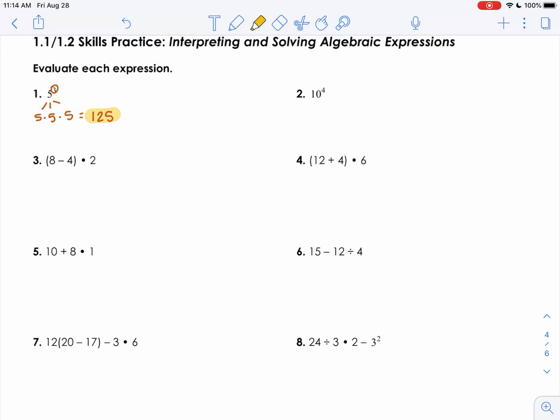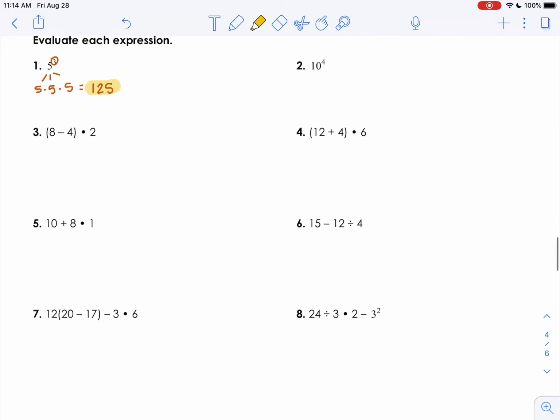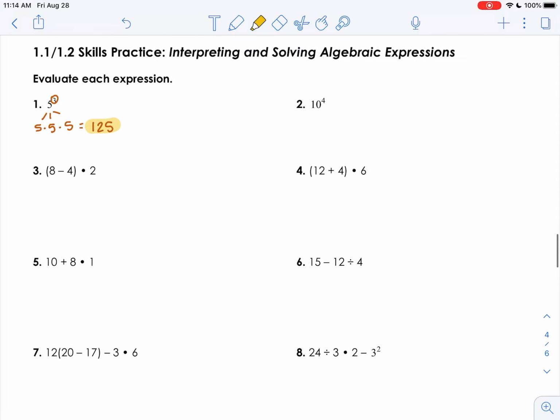So you can go ahead and pause the video and work on number 2 on your own. I'm going to move on to number 3. The next one is the quantity 8 minus 4 times 2. So for this one, we're going to be using order of operations. As a quick review, we use PEMDAS for order of operations.